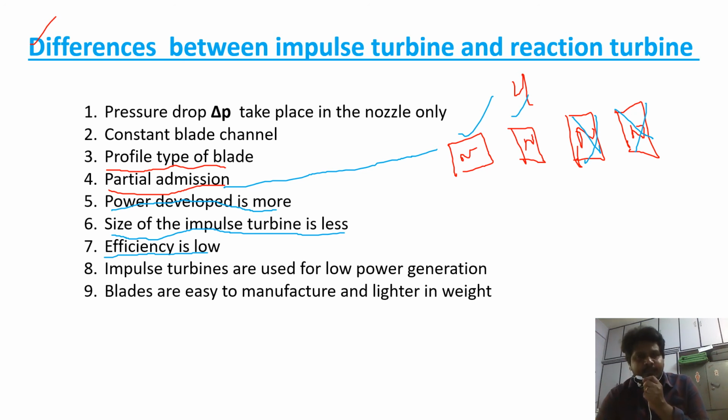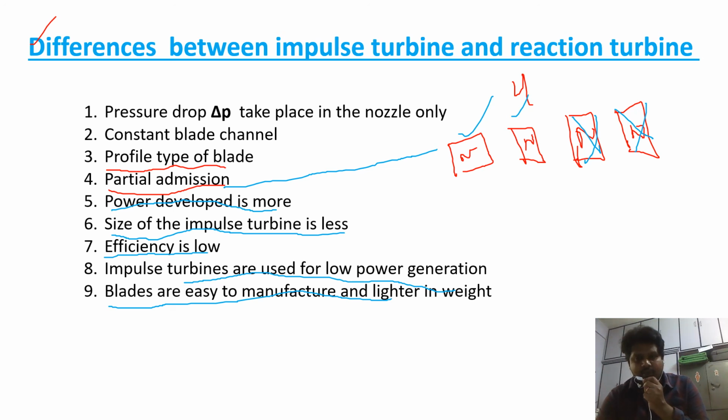Generally, impulse turbines are used for low power generation, and here the blades are lighter because manufacturing of impulse turbine blades is very easy. So these are the main differences between impulse turbine and reaction turbine.